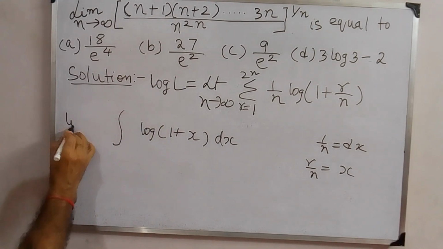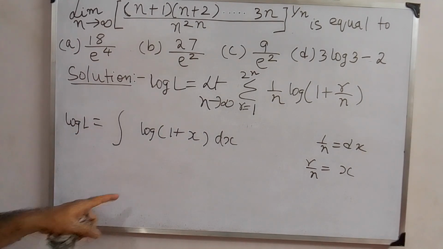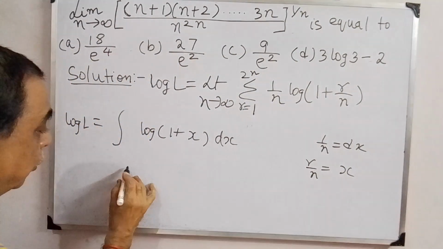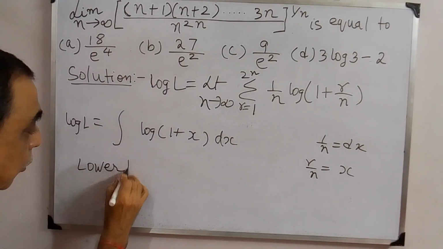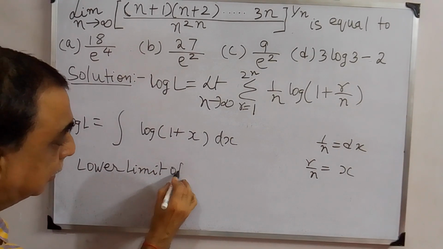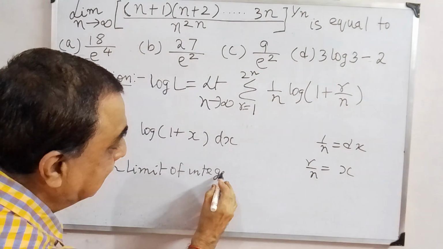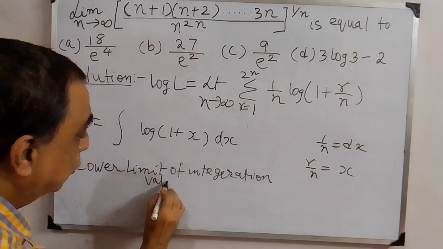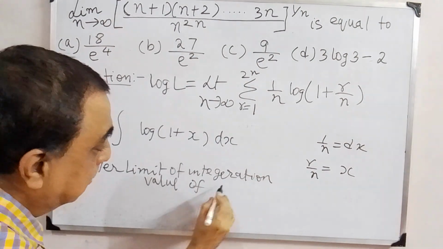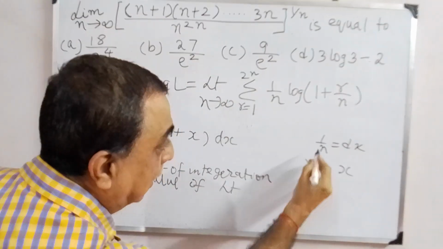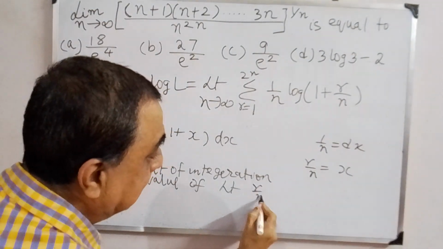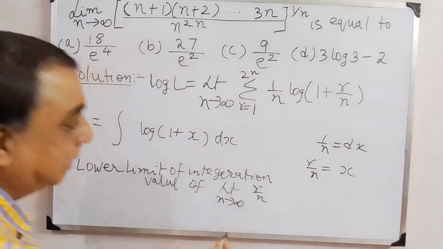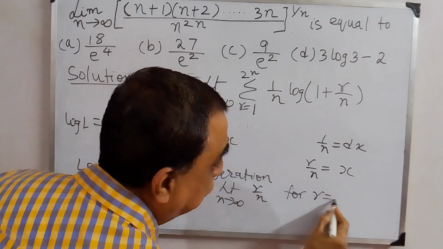The lower limit of this definite integration is the value of the limit of r by n as n tends to infinity for r equals 1.